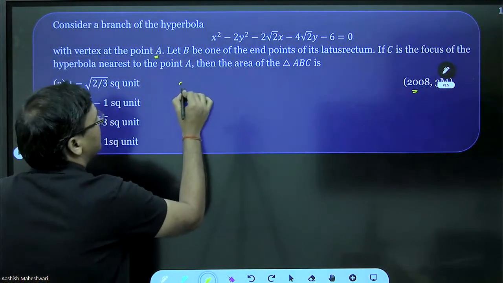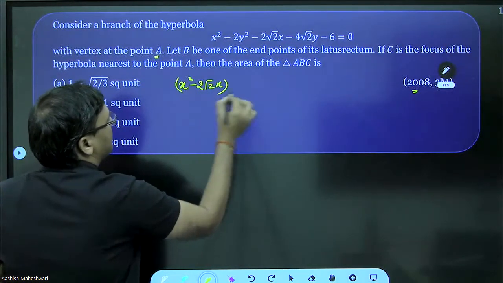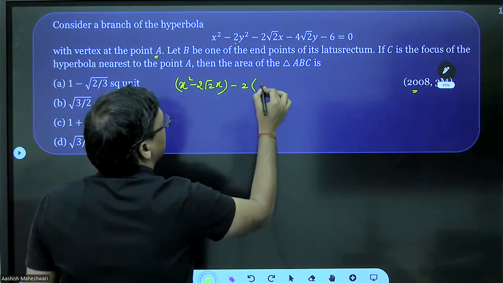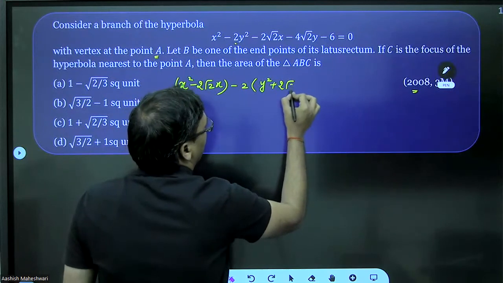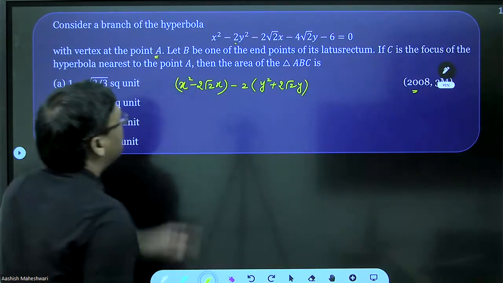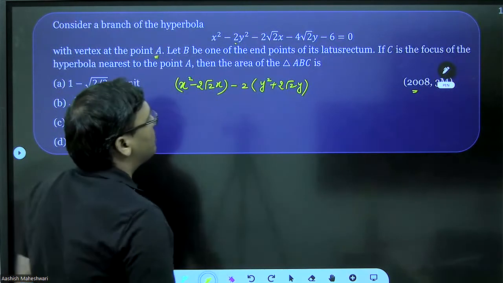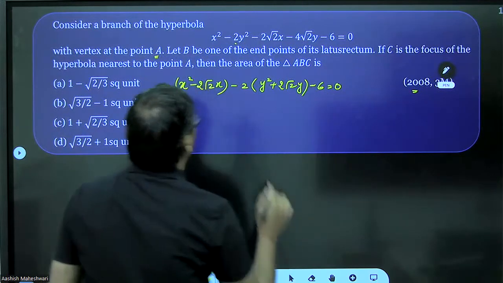So you can see we have x square minus 2 root 2x, and I can take this minus 2 common also. This is y square plus 2 root 2y, correct? x square minus 2 y square plus 2 root 2 y, and this is minus 6 equal to 0. So what is this term?